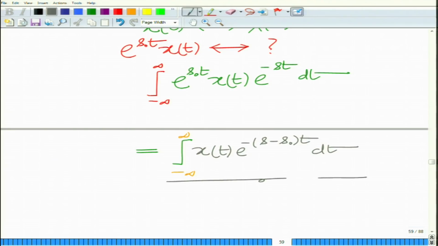And if you look at this, this is the Laplace transform evaluated at s minus s naught.